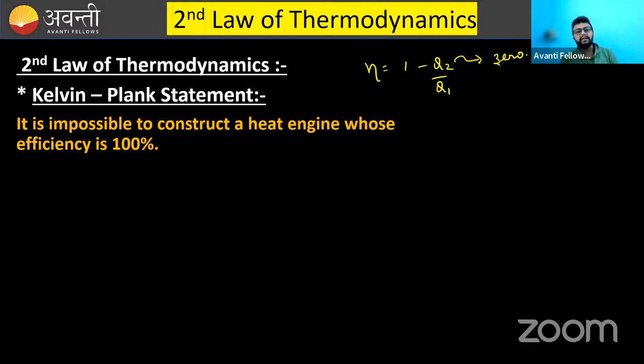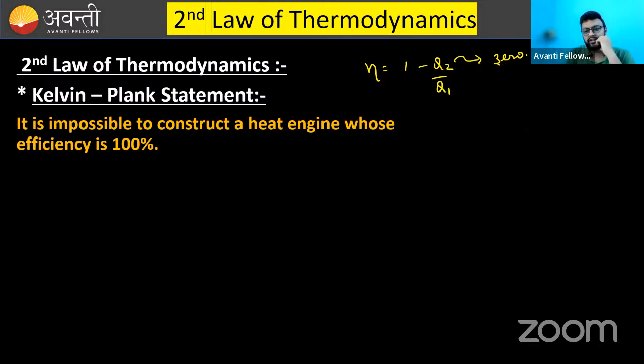Only in that case will efficiency be 100%. Can you see that? If Q2 is 0, then eta will be 1. Then efficiency will be 1, and 1 means 100%. So what is the meaning? Q2 should be 0. That means no heat is rejected. No heat is rejected. There is no need of a sink.